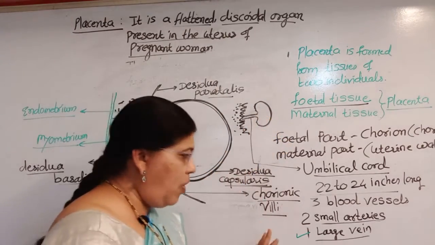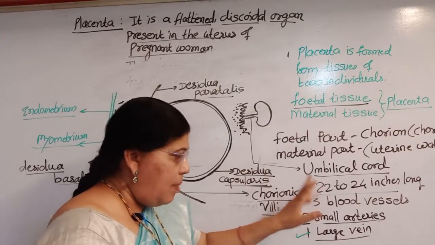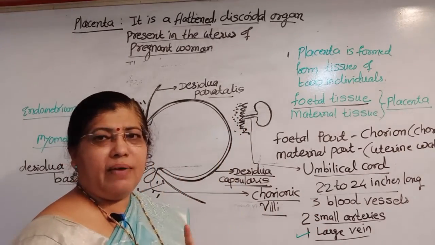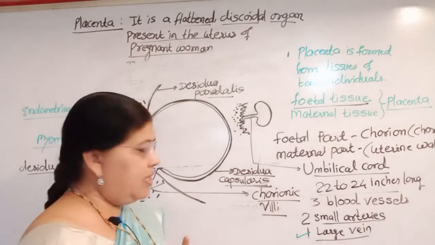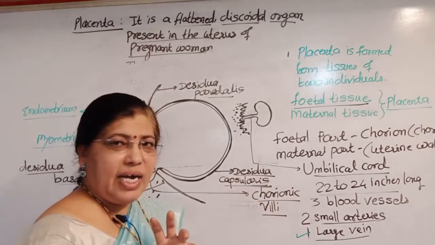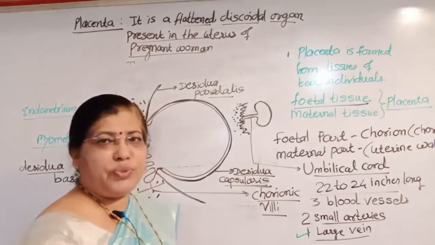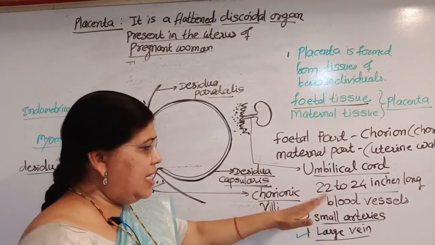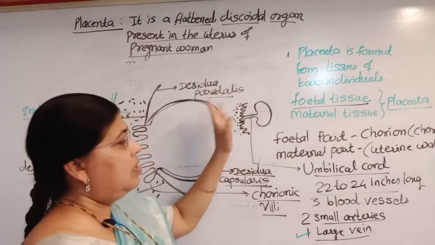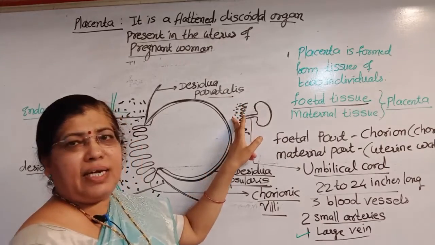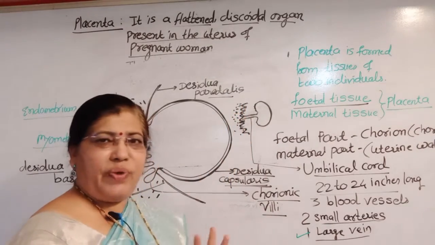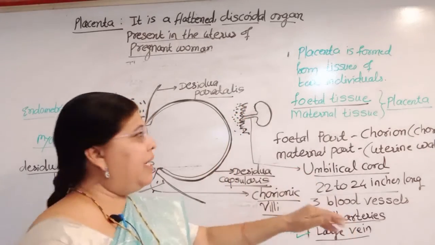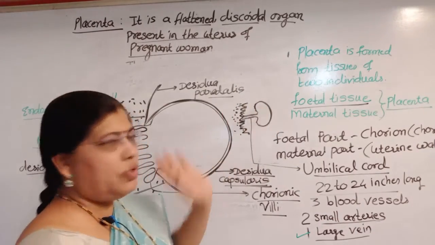So this is a very important point. Umbilical cord consists of 3 blood vessels, 2 small arteries and 1 large vein.